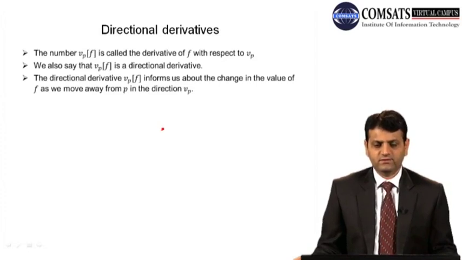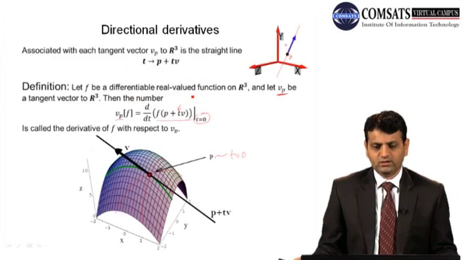The directional derivative VP of f informs us about the change in the value of f as we move away from P in the direction VP. So once again, we are moving in the direction of VP along the line that VP defines.